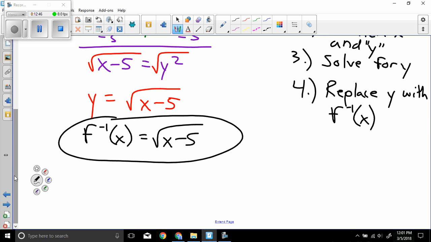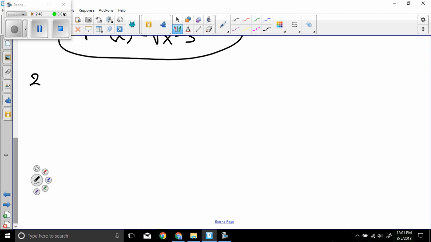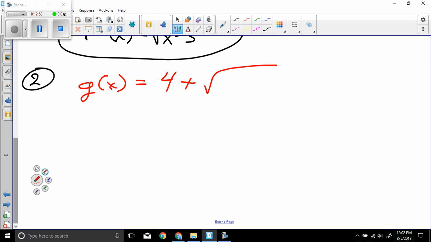There's one example. Let's do one more. Maybe we'll make this one a little bit harder. So let's call this one g of x equals 4 plus the cube root of 2x squared minus 5.